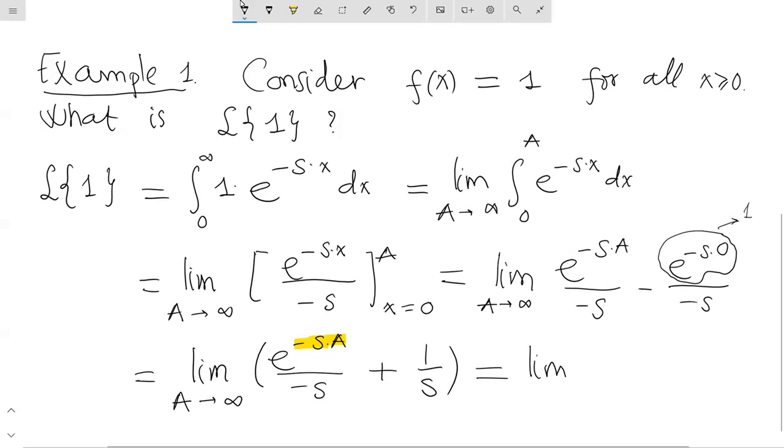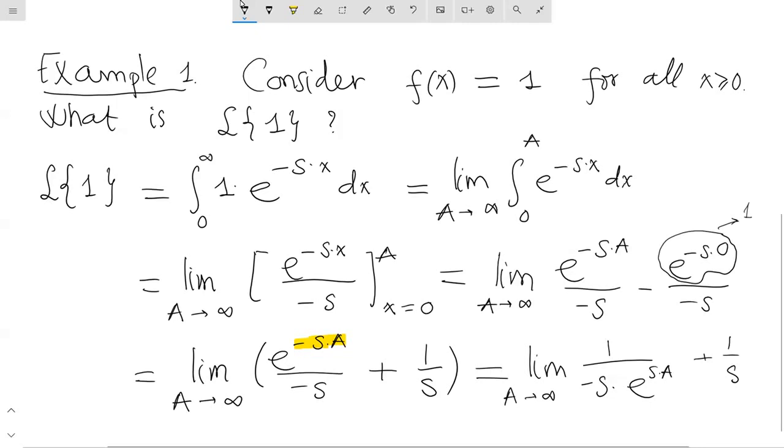So it's better to rewrite this way. Limit of 1 over, you see, minus s, and then e to the s times a, a goes to infinity, we have 1 over s. So if s is positive, then e to the sa would go to positive infinity, so the reciprocal would go to 0.